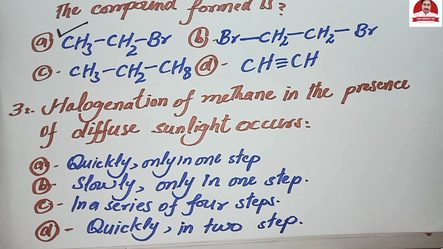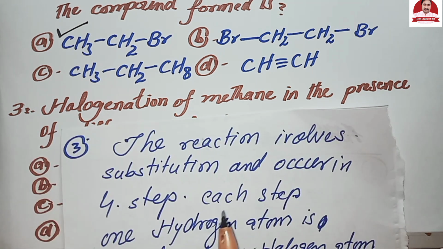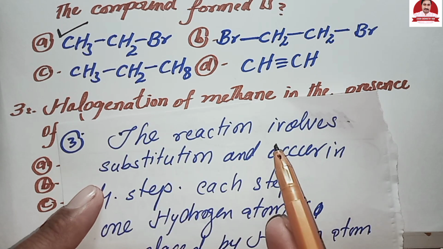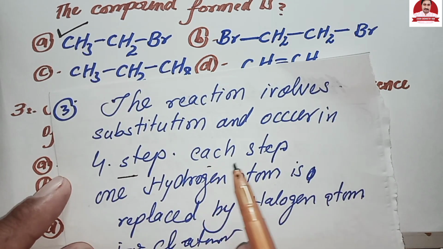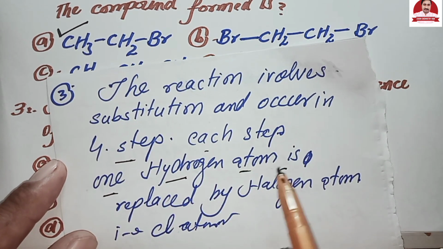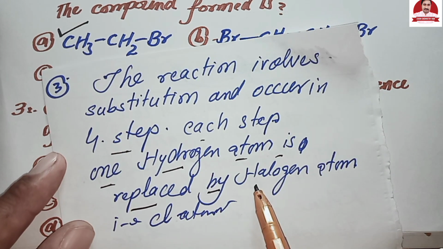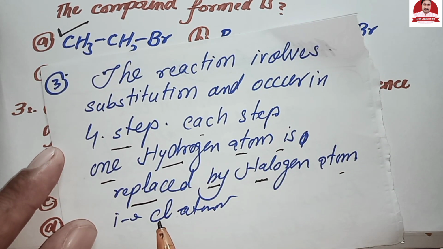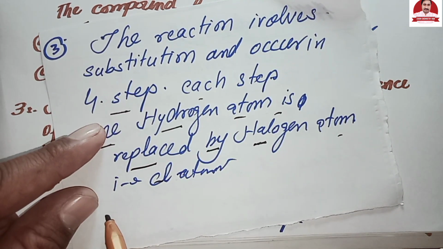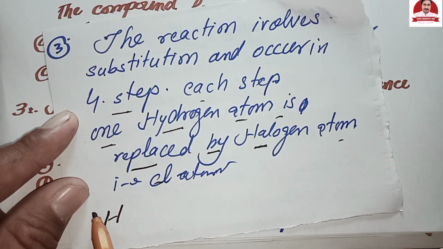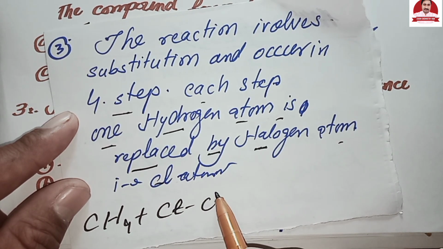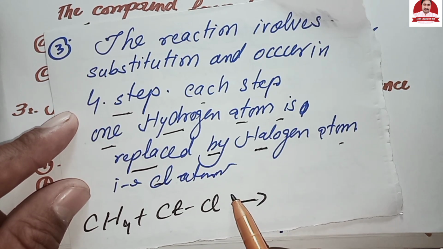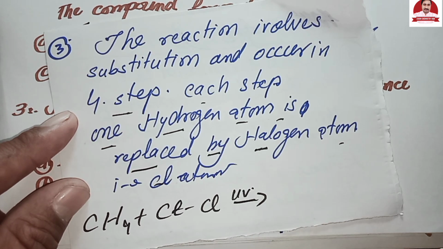We know that the halogenation of methane is a series of reactions. This reaction involves substitution and occurs in 4 steps. In each step one hydrogen atom is replaced by a halogen atom in UV light or diffuse sunlight.